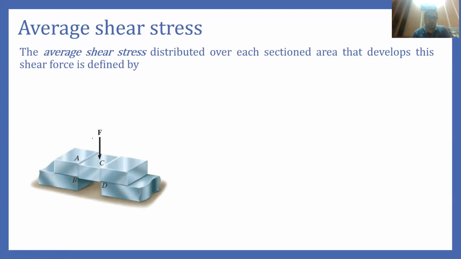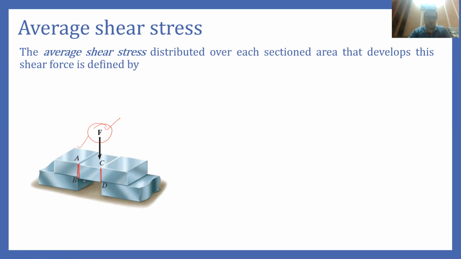So with this example here, you can see there is a bar and it is subjected to this force F, and this force F is trying to slide down some portion of this bar, and because of this effect of this force, there will be some force which will develop at face AB and at face CD.